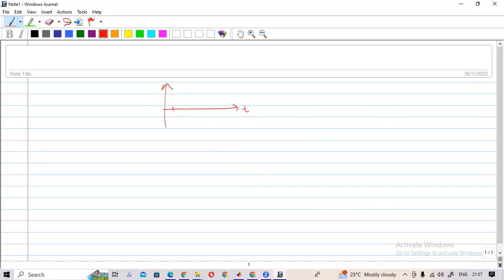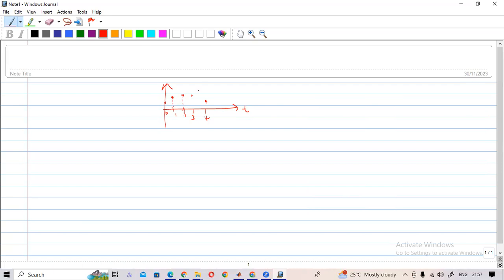You are getting some t values, and using that equation we calculate the corresponding amplitude values. This is the amplitude value for 0, this is the amplitude value for 1, this is the amplitude value for 2, likewise.